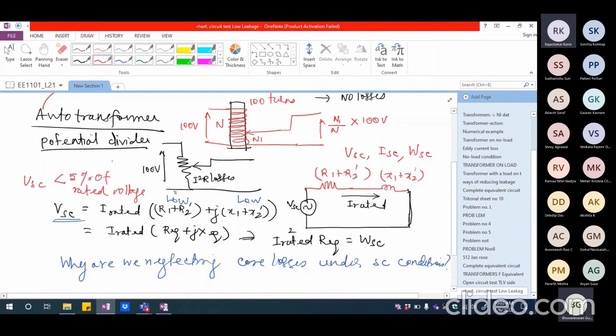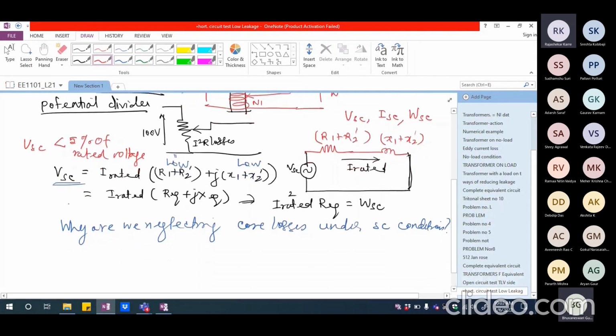Just like how you say no load current is only 5% of rated current, the short circuit voltage will be only 5% or less than 5% of rated voltage. If I am applying only 5% of rated voltage, you recall the equation what we wrote. V equal to 4.44 F phi multiplied by the number of turns.